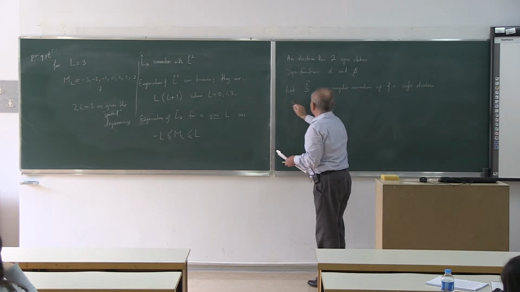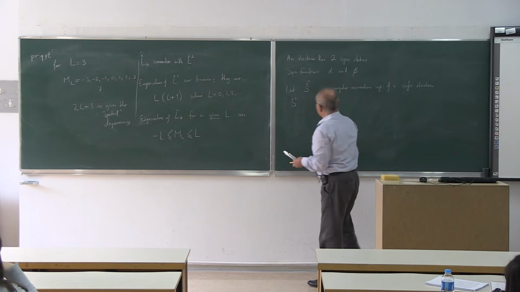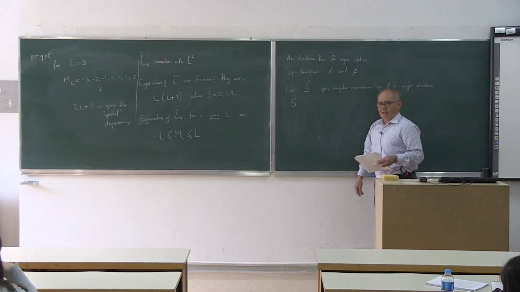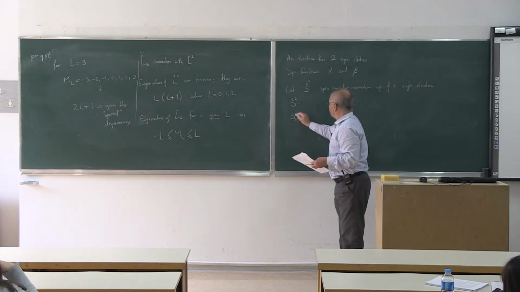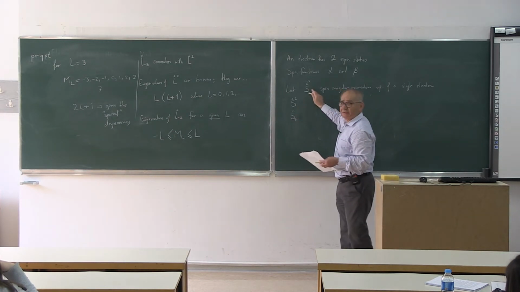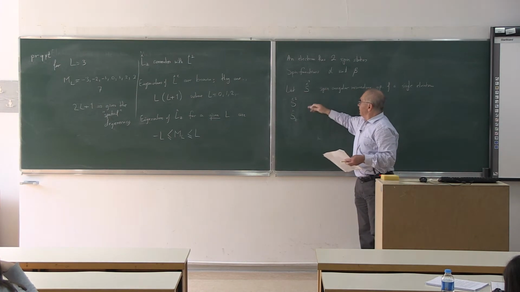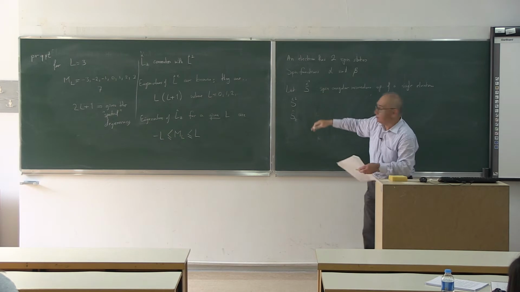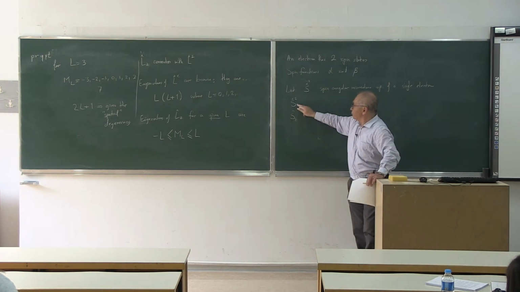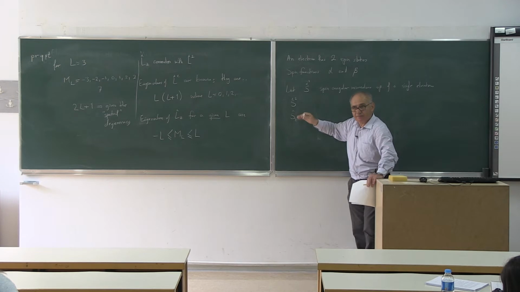Then it has a S square operator, and also a z component of this vector. As in the orbital angular momentum, the z component commutes with S square. That means they must have simultaneous eigenfunctions.